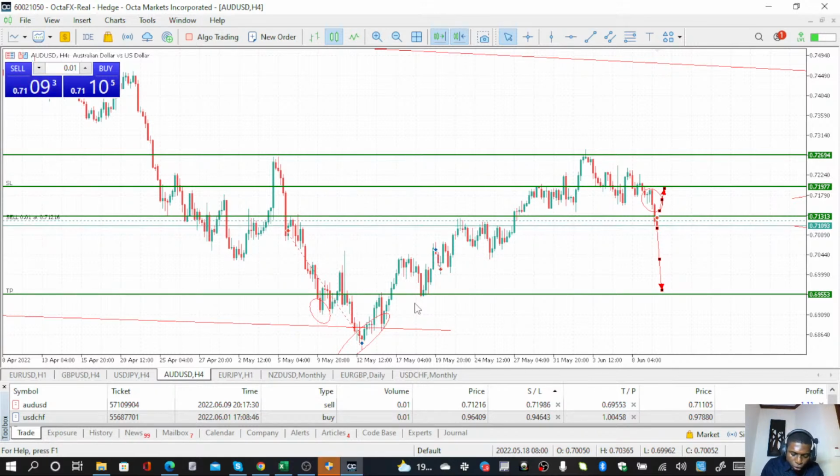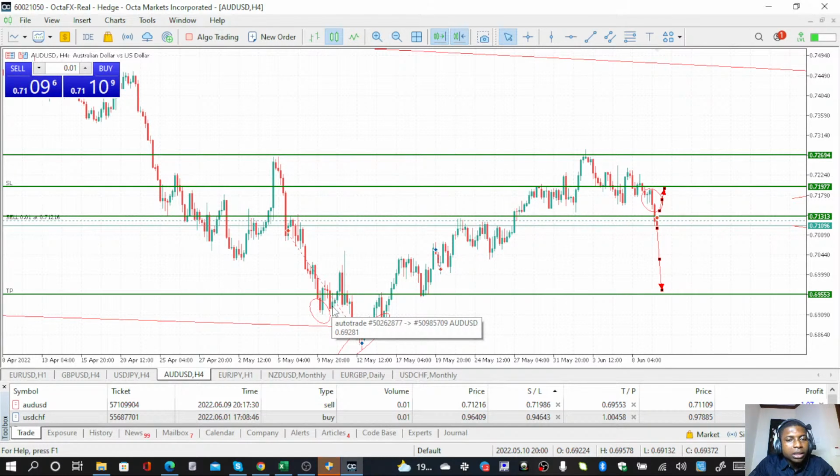How to use supply and demand zones. Most definitely, supply and demand zones are just another name for resistance and support levels. Look at this level here now. Price went up because there is a huge demand for the Australian dollar. It got to this level. This level is the supply zone. Then traders started selling off the Australian dollar and buying the US dollar.